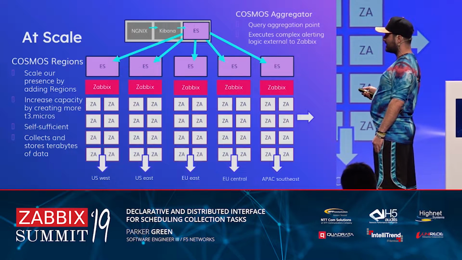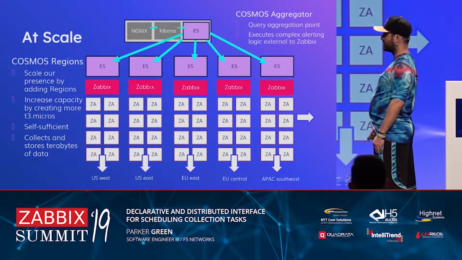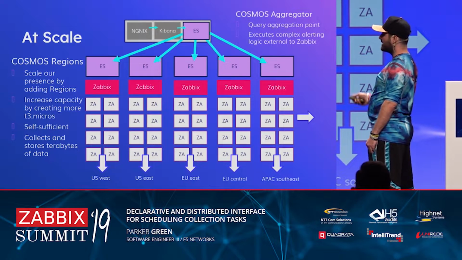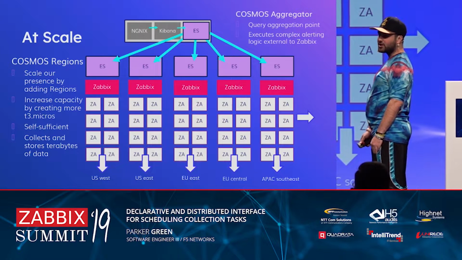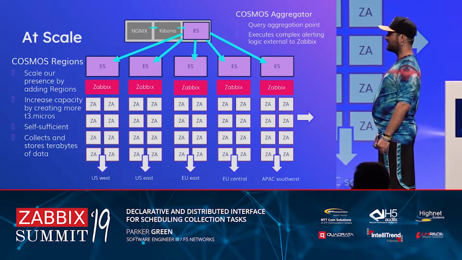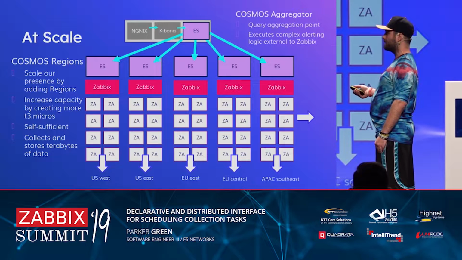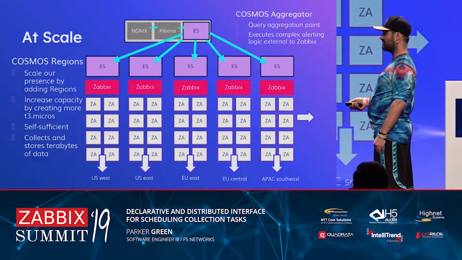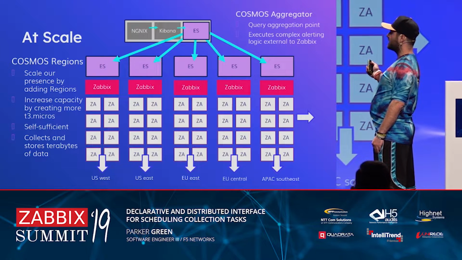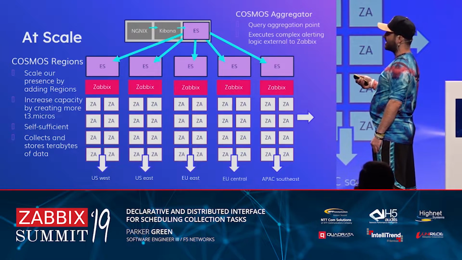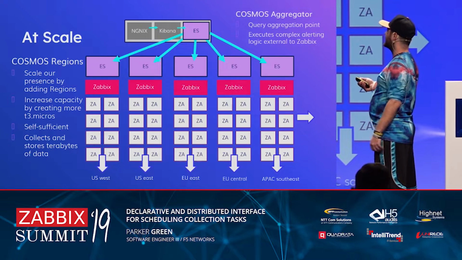Increasing capacity in a specific region, we just request more T3 micros and then spin up more Zabbix agents on those T3 micros. It's generally self-sufficient because of the way that it installs work, and it kind of fixes itself when there's problems. We collect and store terabytes of data, and that's the main goal of the system, is just to collect the data.